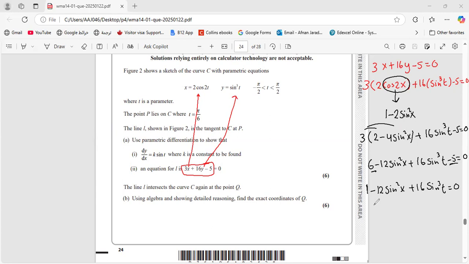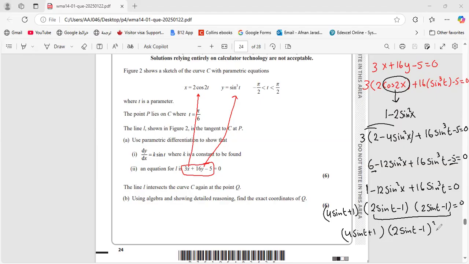By factorizing this equation, it will be 2 sine t minus 1 multiplied by 4 sine t plus 1, and this must equal 0. So look at these two, which is 2 sine t minus 1 squared multiplied by 4 sine t plus 1, equals 0.